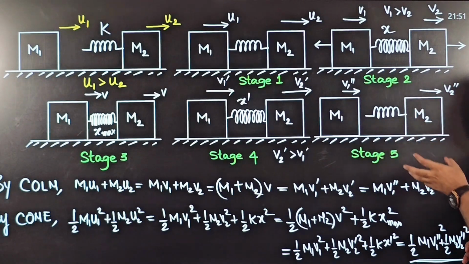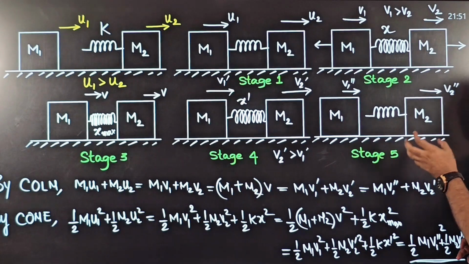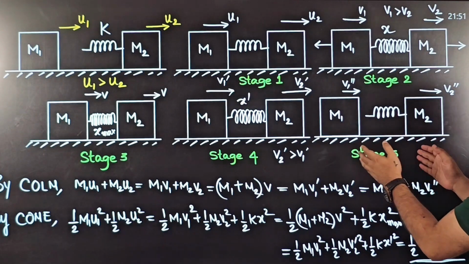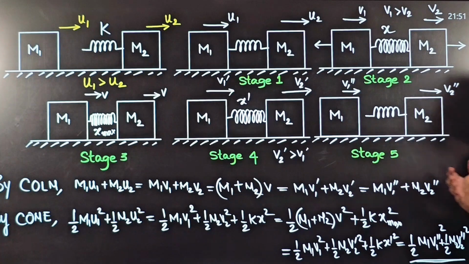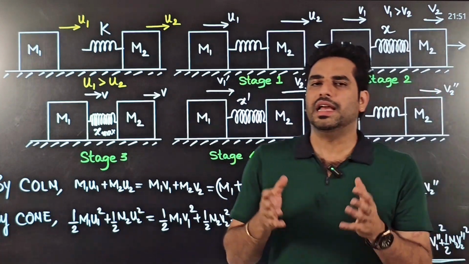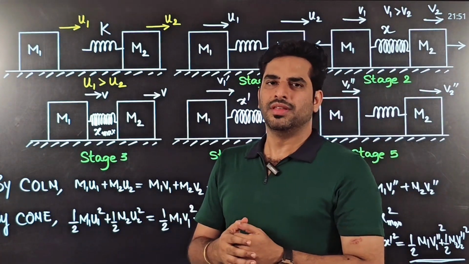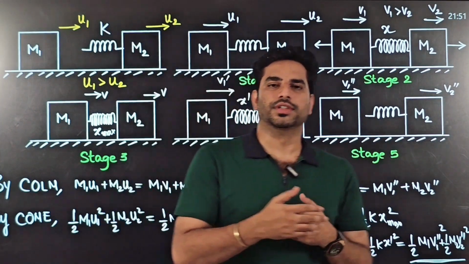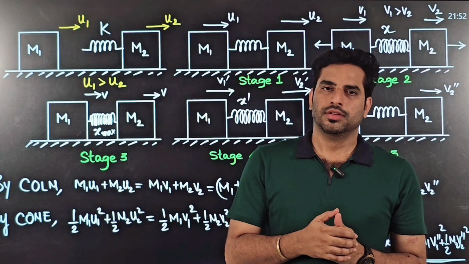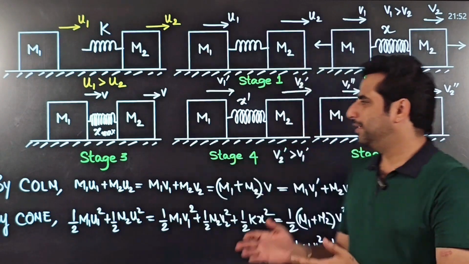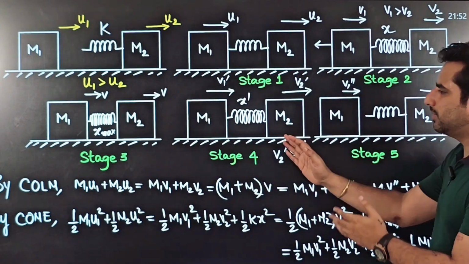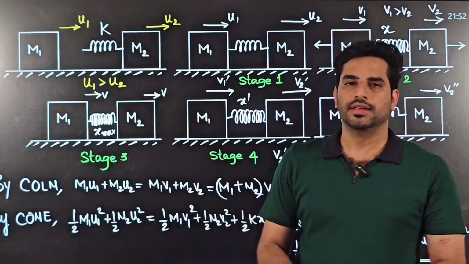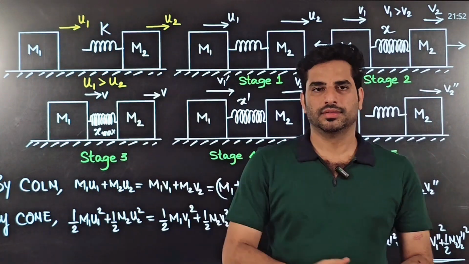We have idealized the situation. That's why we are able to come till stage 5. But practically speaking, perfectly elastic collision is not possible. There is certain amount of energy lost in the process of collision. So 3 types of collision: perfectly elastic, inelastic, perfectly inelastic.